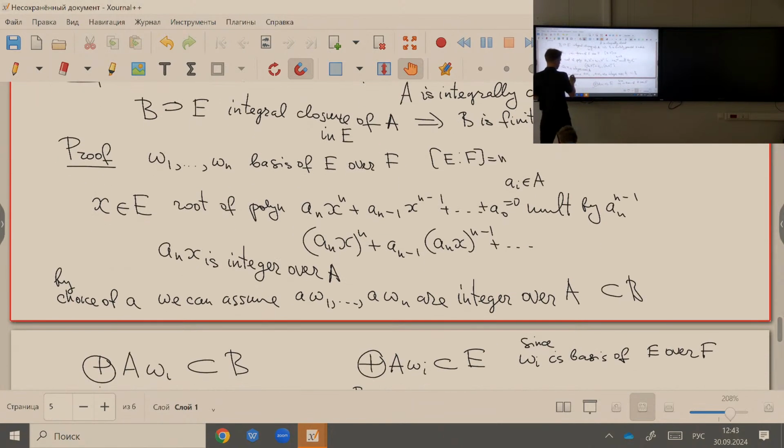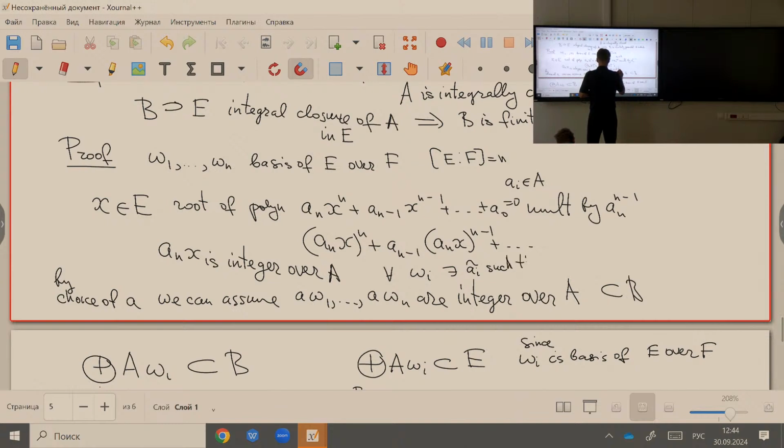So this means that for any omega i there exists a_i tilde such that a_i tilde omega i is an element of B. Yeah? So put e equal to the product.